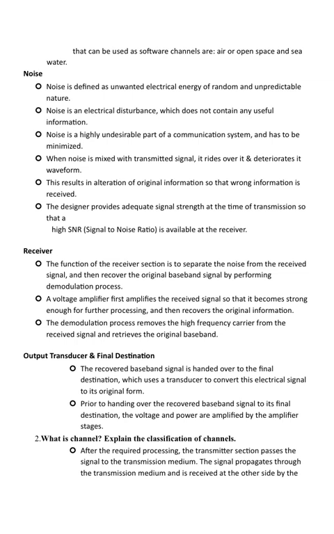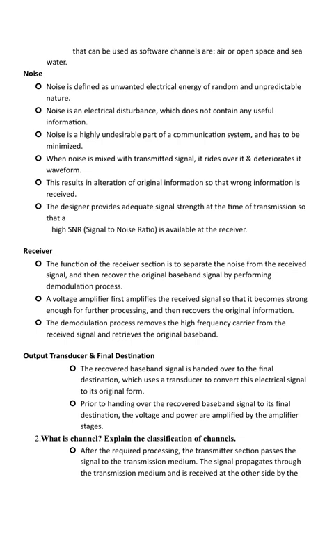When noise is mixed with the transmitted signal, it rides over it, and the result is alteration of the original information so that wrong information is received. The designer provides adequate signal strength at the time of transmission so that a high SNR is available at the receiver.